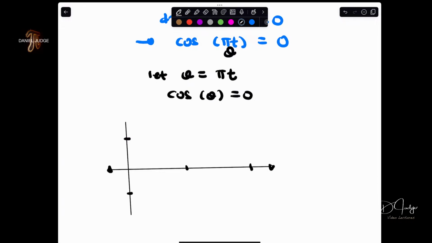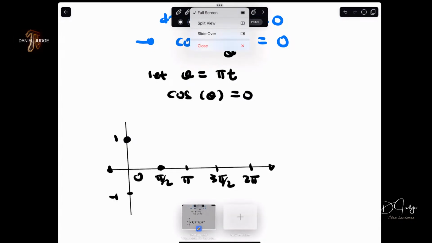So you could start at 0, you go to pi, you go to 2 pi, in the middle here is pi over 2, 3 pi over 2, you start at 1, you end at -1.